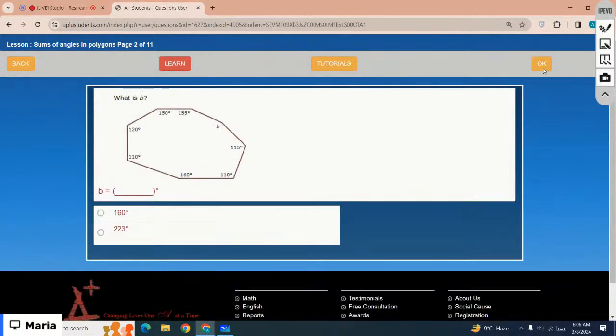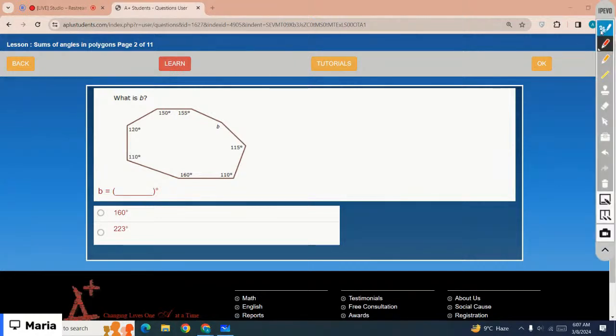Okay, the next one is, what is B? How many triangles can you make in this octagon? Yes, octagon it is. 6 triangles, I think, right?